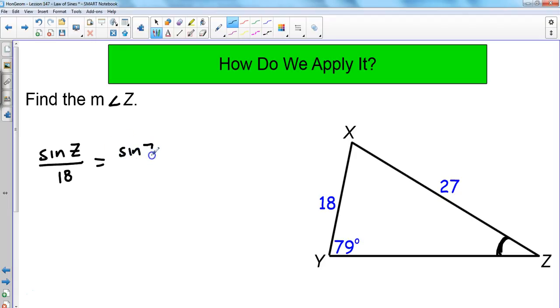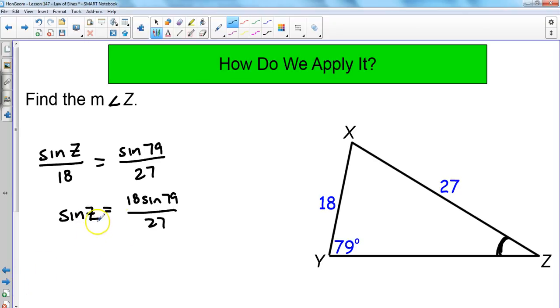So that's the sine of 79 over 27. So let's go through and solve. Remember, ultimately I'm trying to find the measure of angle Z. So I end up with the sine of Z. I'm going to multiply here in order to get the sine of Z by itself. So I get 18 sine of 79 over 27.